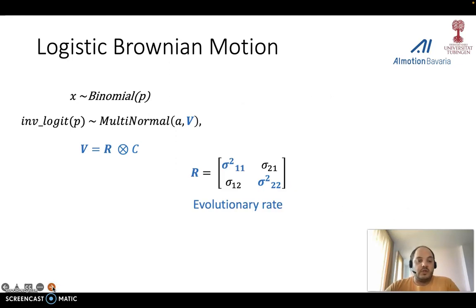And the second one, the matrix R, encodes the trait behavior, with the diagonal elements describing the evolutionary rate, which determines how much the traits tend to change over time. And the off-diagonal elements describe the actual trait correlation.